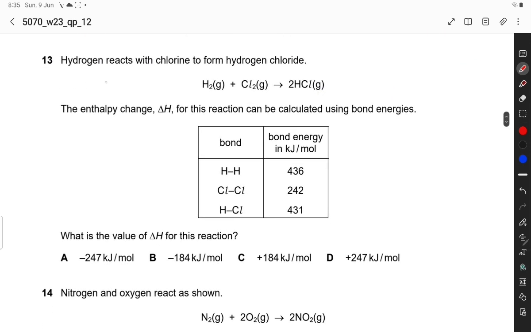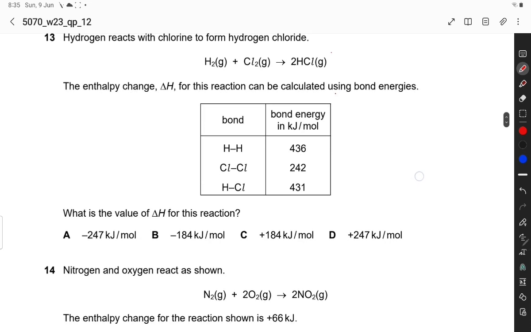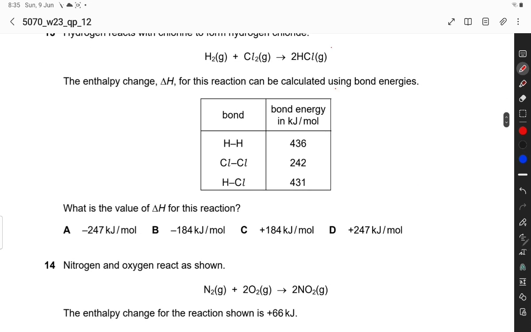Question number 13. Hydrogen reacts with chlorine to form hydrogen chloride. The enthalpy change delta H for this reaction can be calculated using bond energies. So we know that delta H is equal to sum of H reactant minus sum of H product.